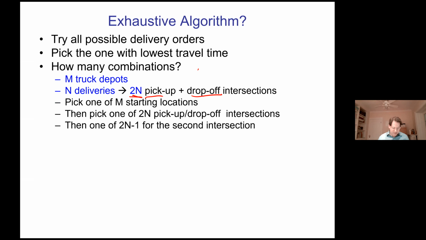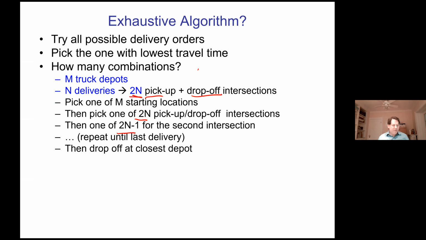Then I have to pick, okay, the one that I've already done, I'm not going to go back to, but I have to pick one of 2N minus 1 choices for the second intersection, pick up or drop off that I make, and so on. I have to keep doing this till the last delivery. And then finally, I have to drop my truck off at the closest depot. So there are M of these again, M choices of where to go.